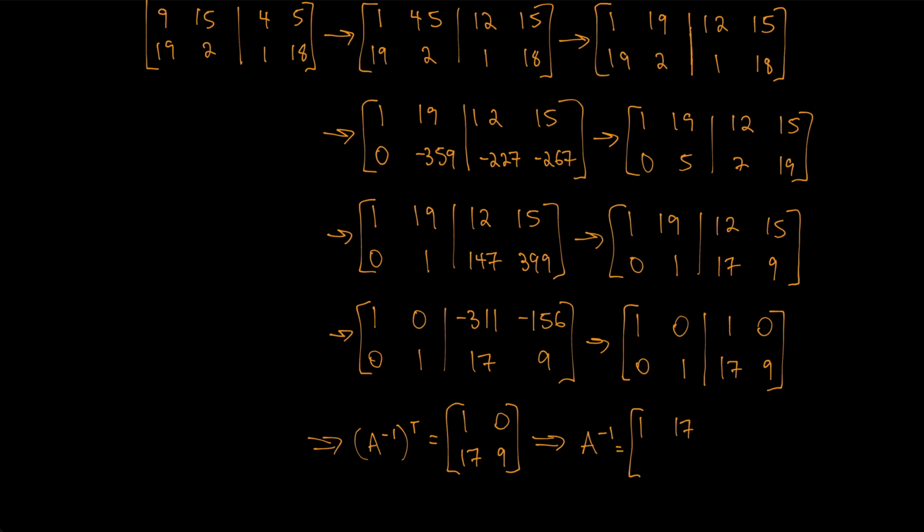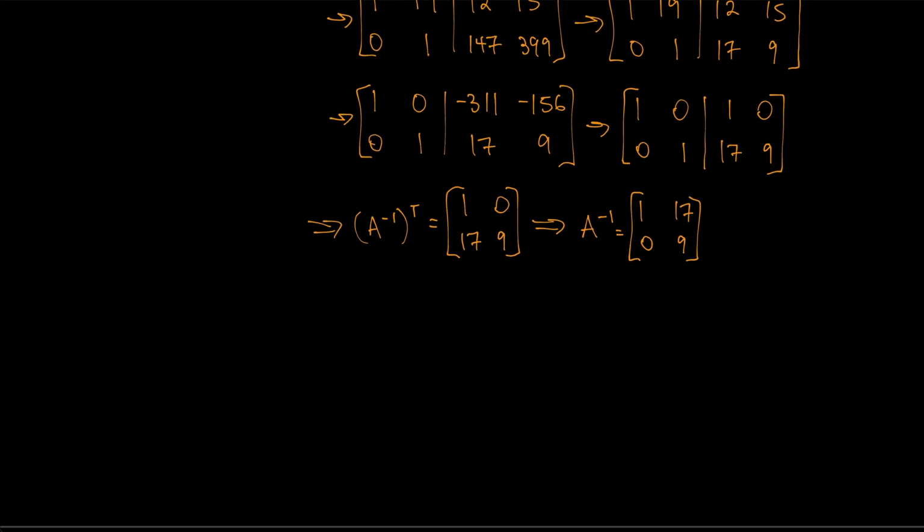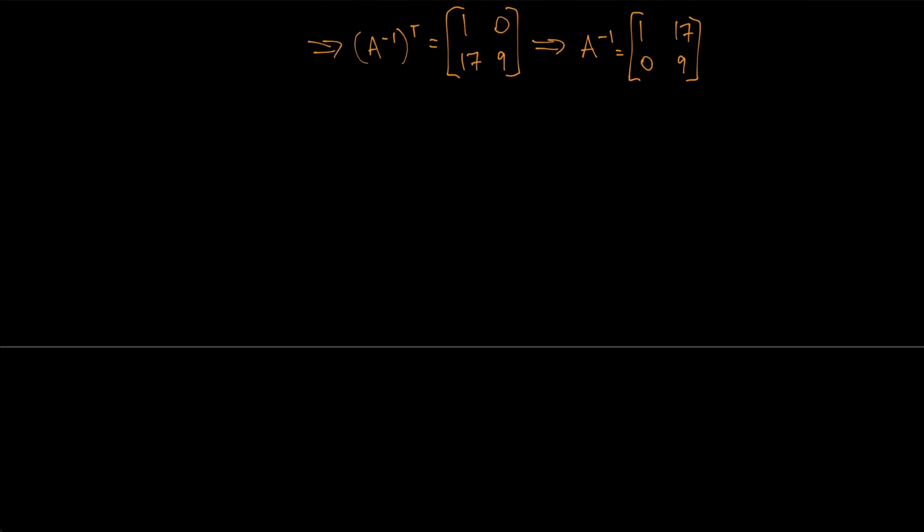So 1, 17, 0, 9. So how about we use that? We have IO, SB, TG, XE, SP, XH, OP, DE.